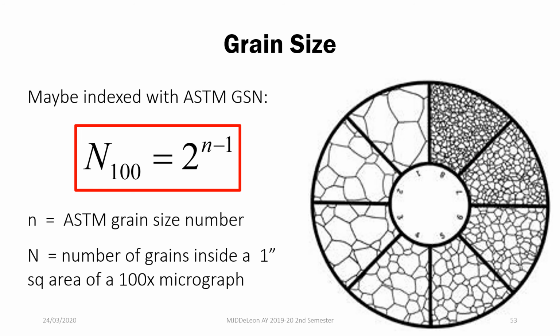So from the ASTM or yung standards natin for materials, we can determine the size of the grains by comparing it to a chart. So the grain size, n, small n, this can be computed by counting the number of grains inside a 1-inch square area of a 100 times micrograph.